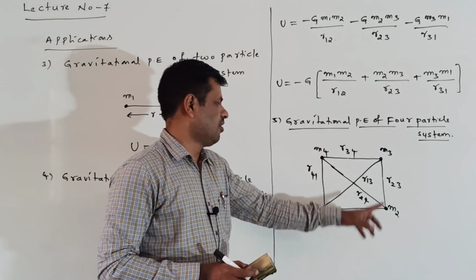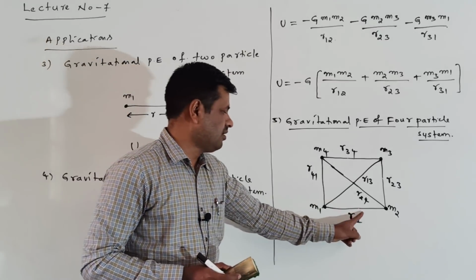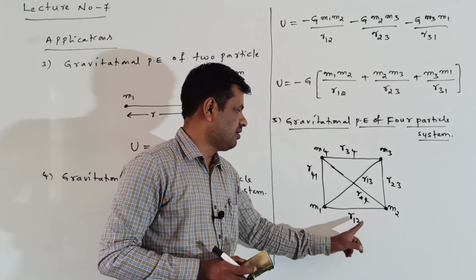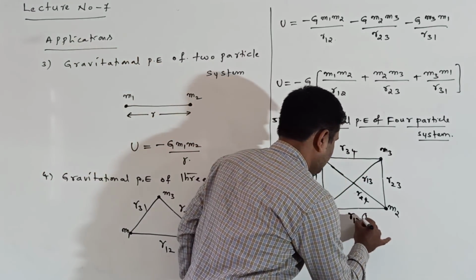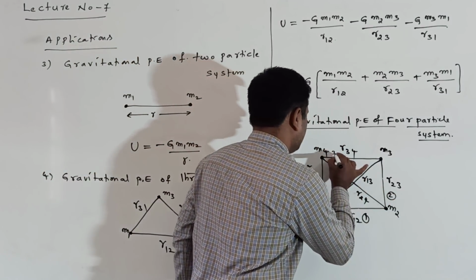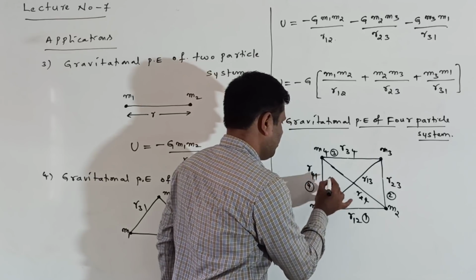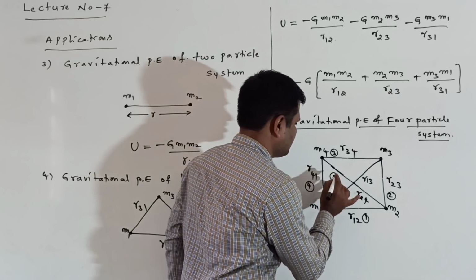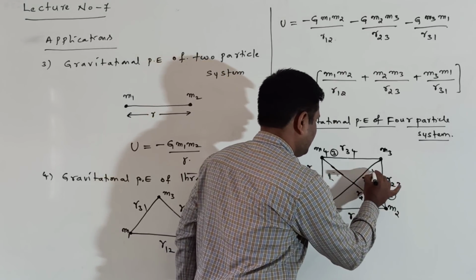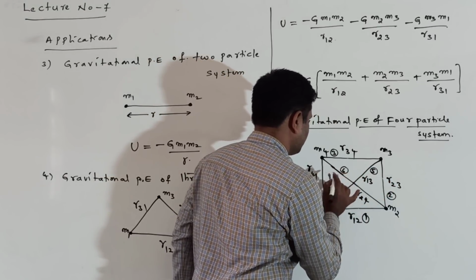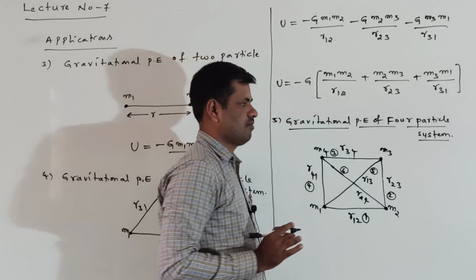Right, how many pairs are coming here? 1 between M1 and M2, 2 between M2 and M3, this is the 3rd, this is 1, 2, 3, 4, this is the 5th pair, and this is the 6th one. Totally 6 pairs are coming.